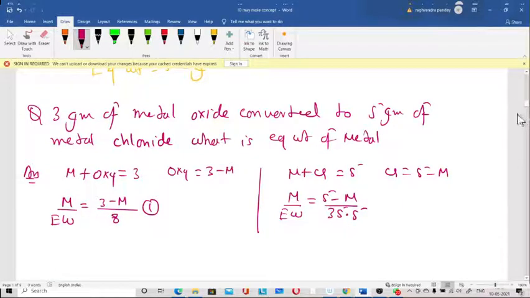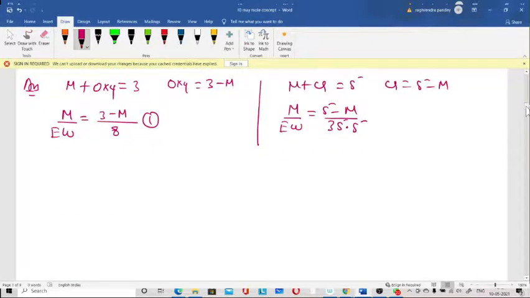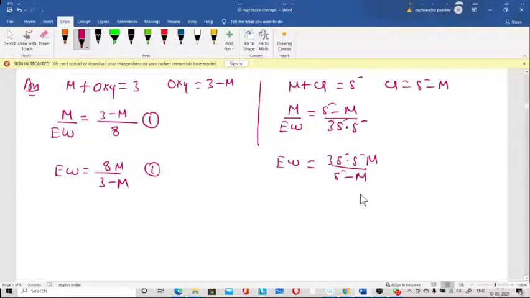So these are the equations formed. Equivalent weight is equal to 8m upon 3 minus m, and here equivalent weight is 35.5m upon 5 minus m.